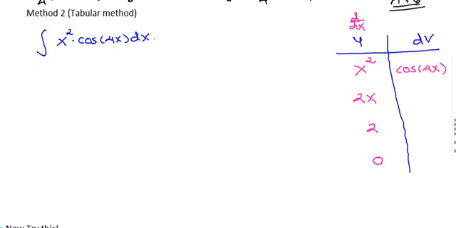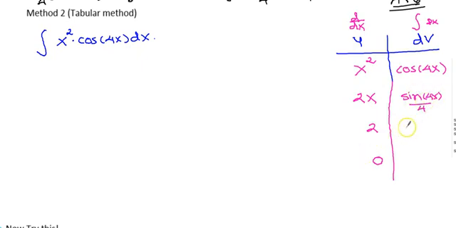In this column you find the antiderivative with respect to x. So the antiderivative of cosine 4x is sine 4x over 4.